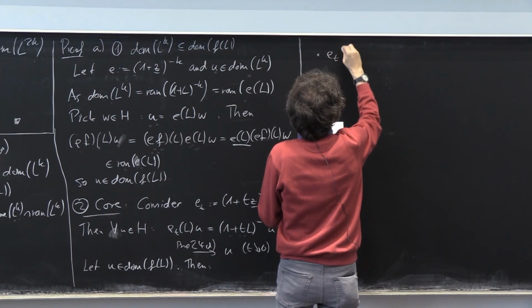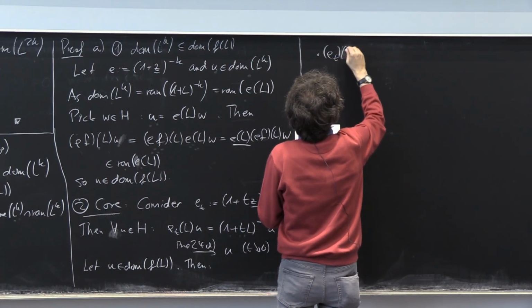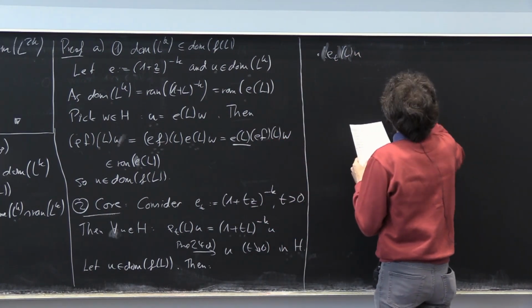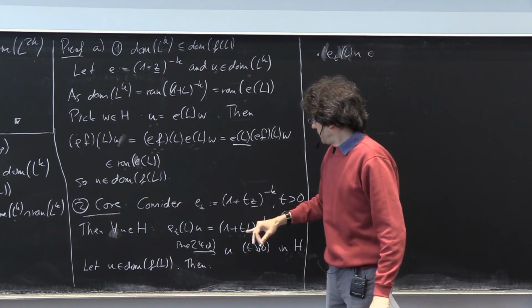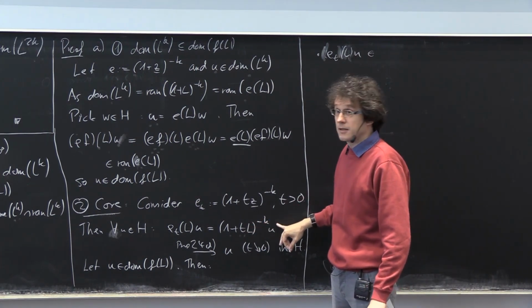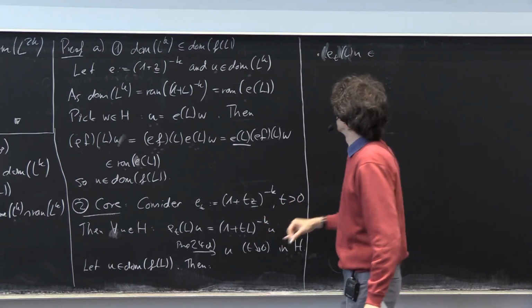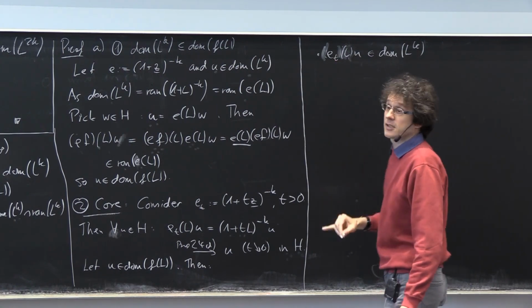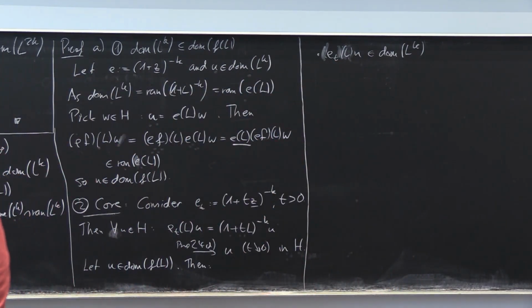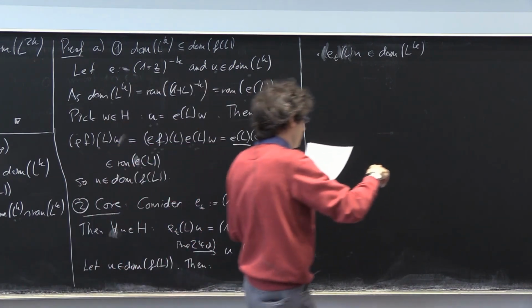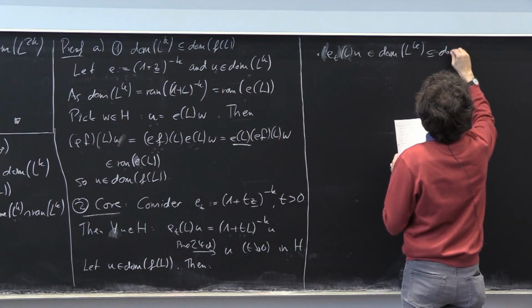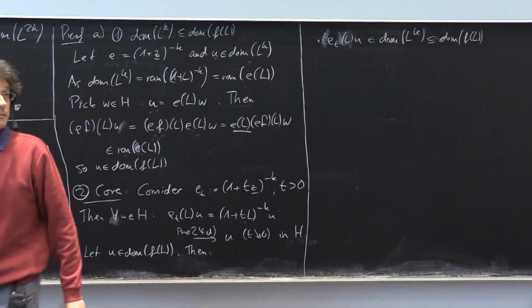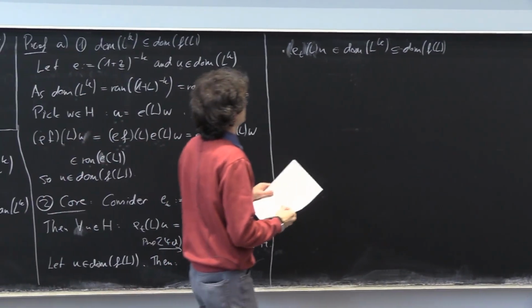We take this E_t of L applied to u. We know for every u in H, this will be in the domain of L to the k. This is just a kth power resolvent. So if we approximate u by such functions, we are fine because they are in the set that we want to show is a core. Also note that we have already proved this is in the domain of f of L. This was step 1. So at the same time, we know that E_t of L u is in this domain.